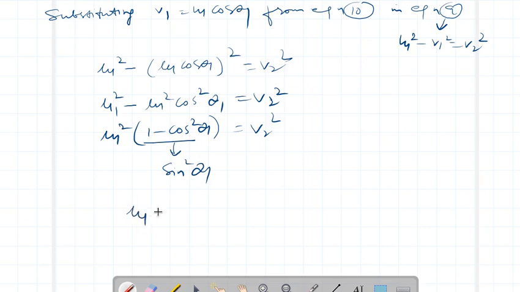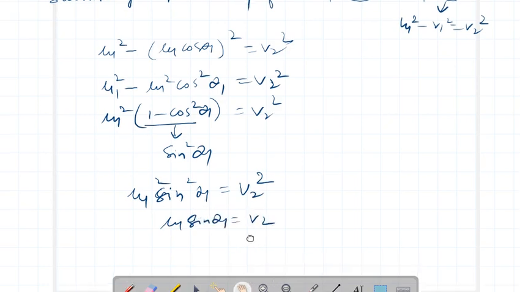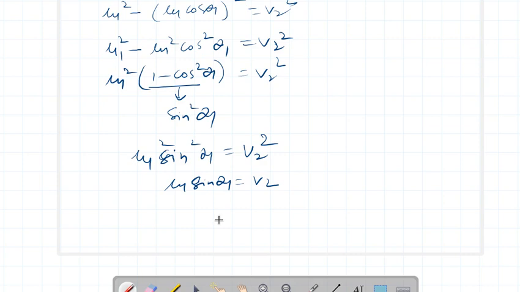So I can write down U1 square sin square theta 1 is equal to V2 square. Taking square root on both sides, U1 sin theta 1 is equal to V2. Thus I can write down V2 is equal to U1 sin of theta 1. Let me call this equation number 11.